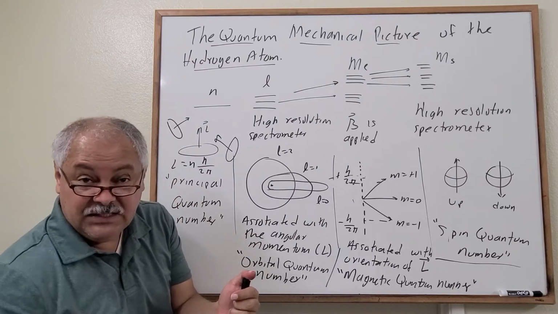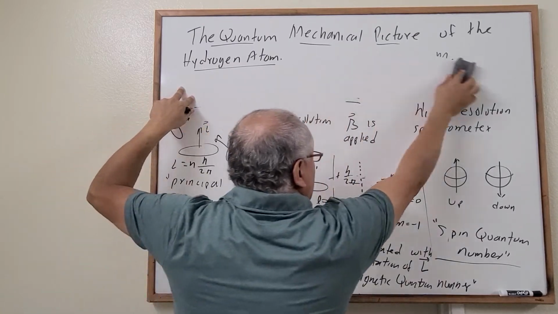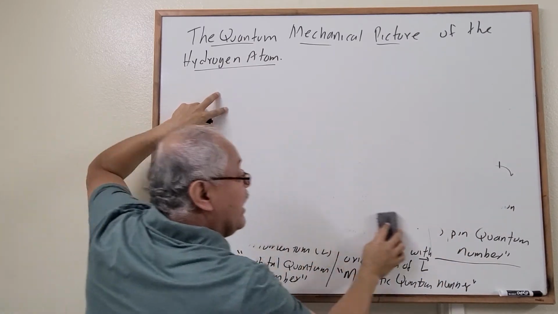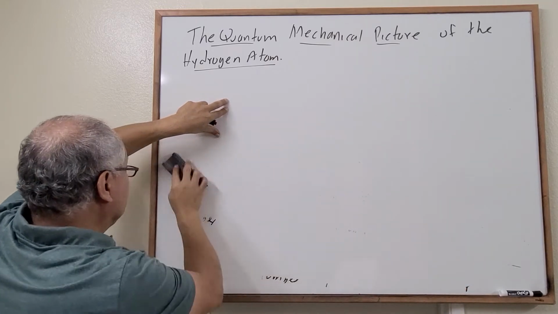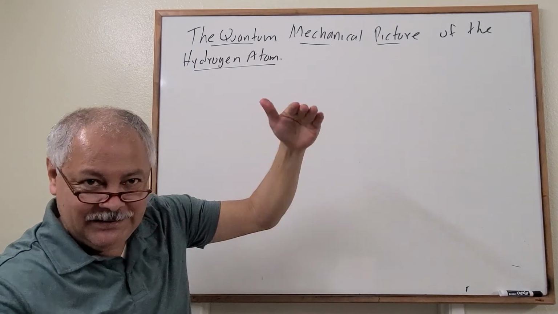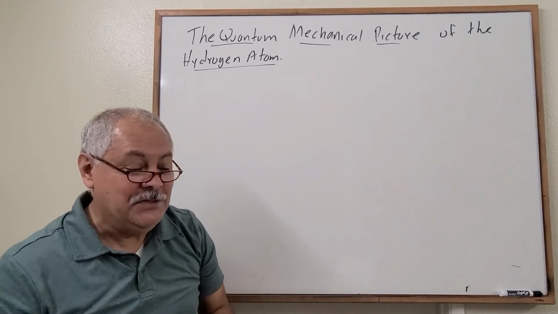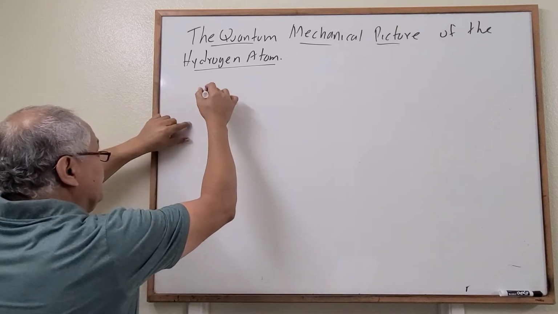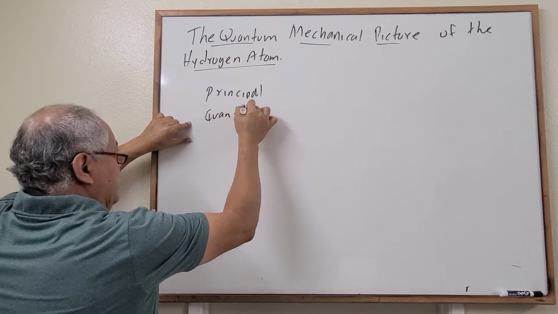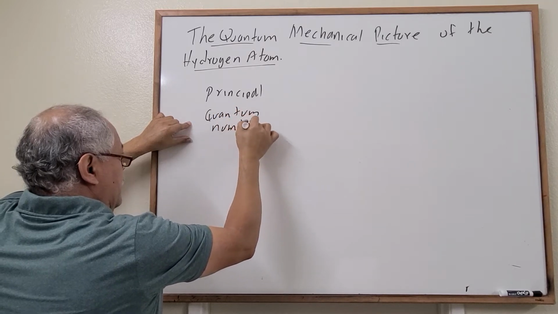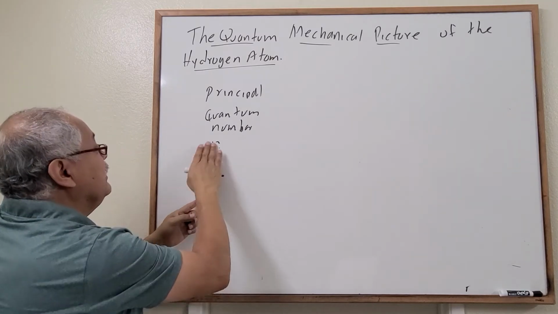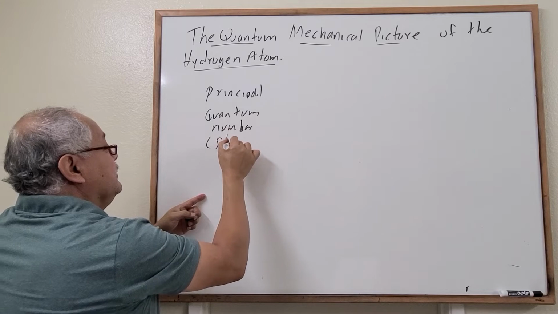Let's go to the shells and subshells that we also use to represent these quantum numbers. Okay, let's do all the behavior of the atom of hydrogen. Perfect. So we have the principal quantum number one more time. Remember the symbol is N. Also these are called the shells.